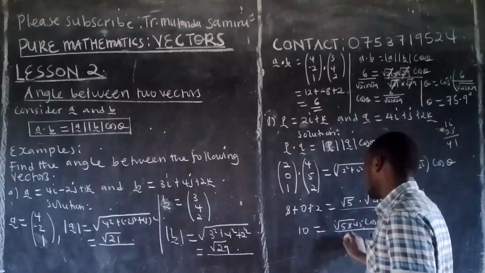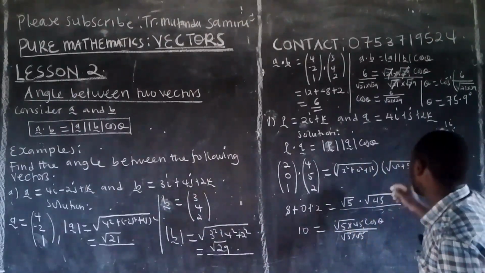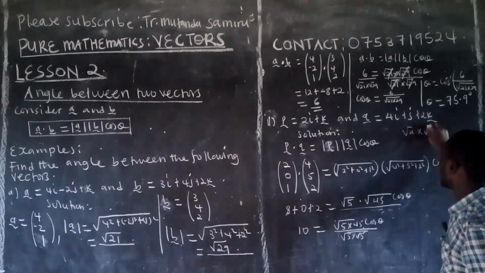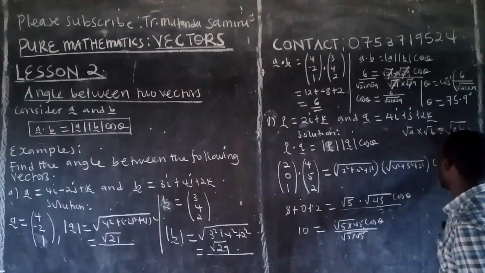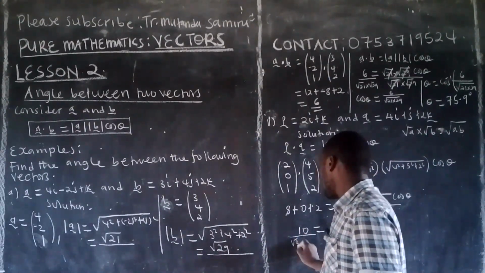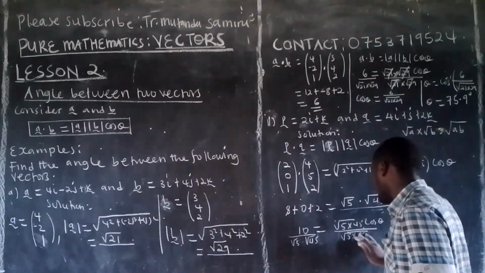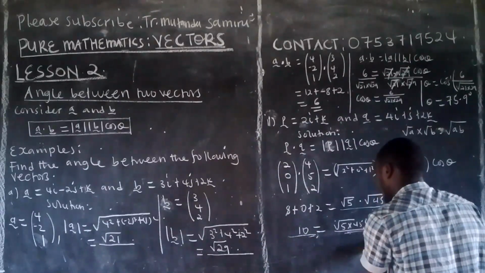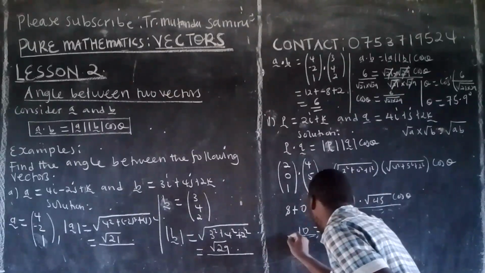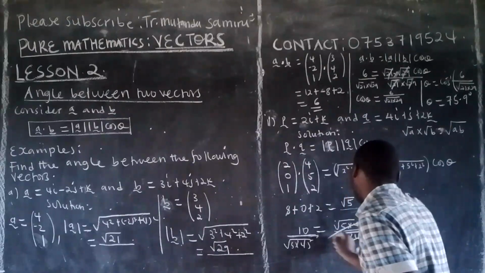Divide both sides by the root of 5 times 45. Why I'm doing this: in indices, a root of A times a root of B is the same as the root of AB. That's what I'm using. So dividing both sides by that, this and that goes away.